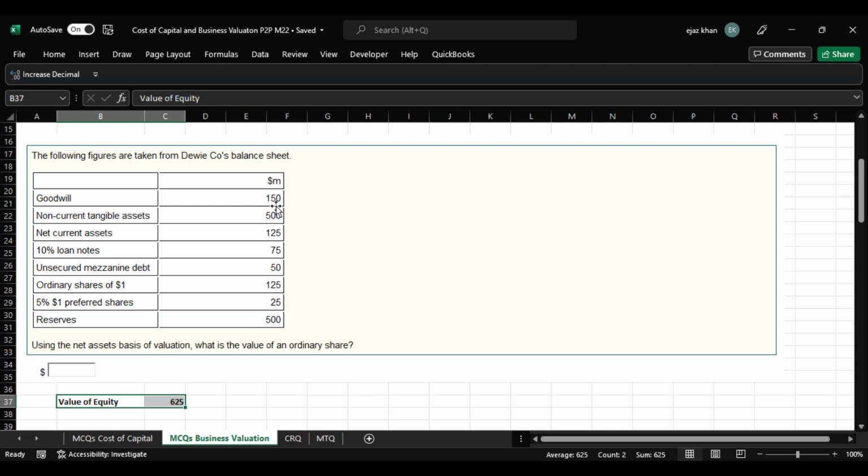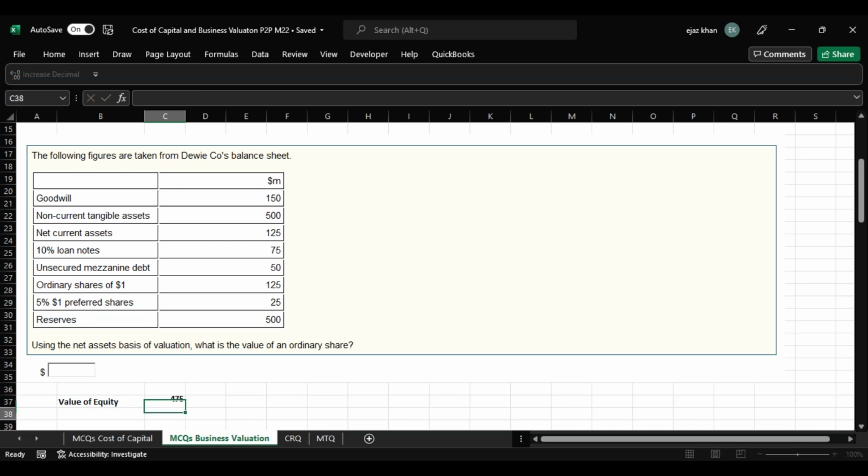We cannot take their value as the goodwill of the company, because that's what they think it's the value. So we won't go into the subjective thing. So we'll be picking up tangible assets. So from 525 we have to subtract 150.